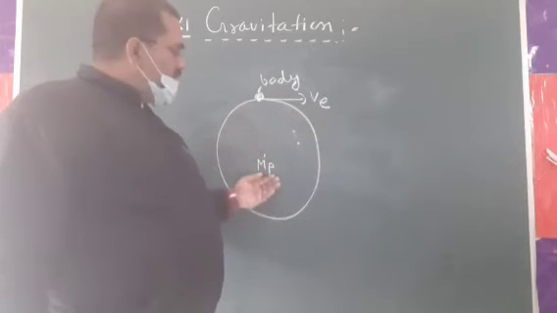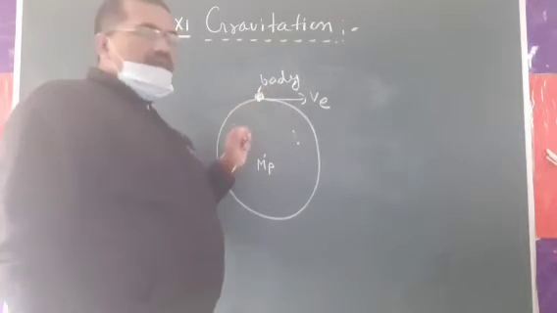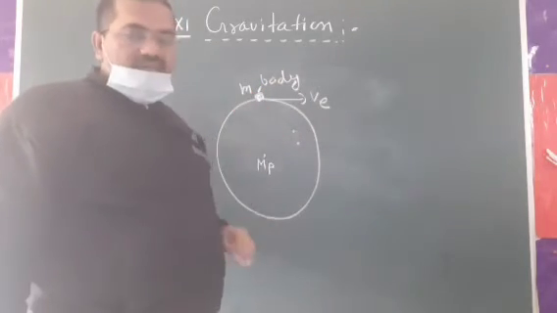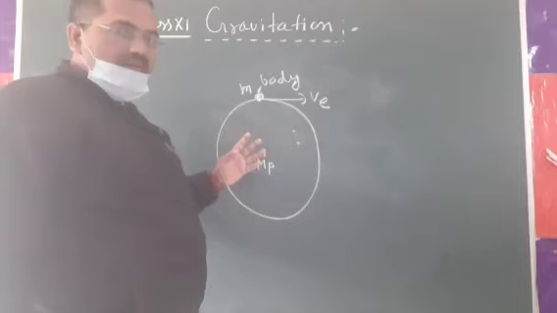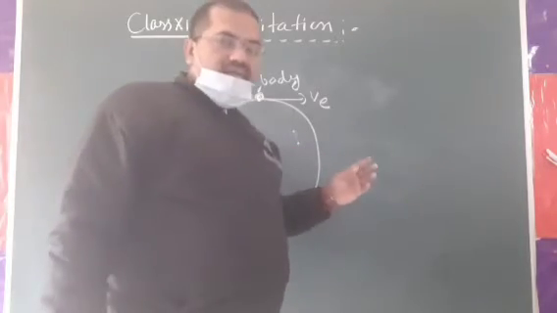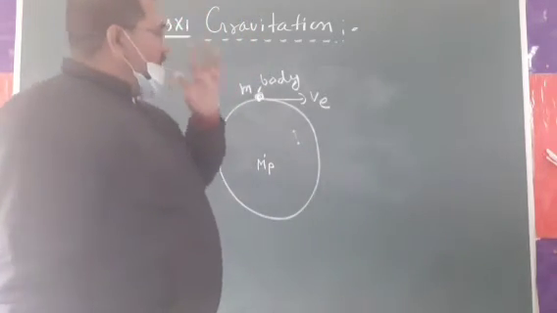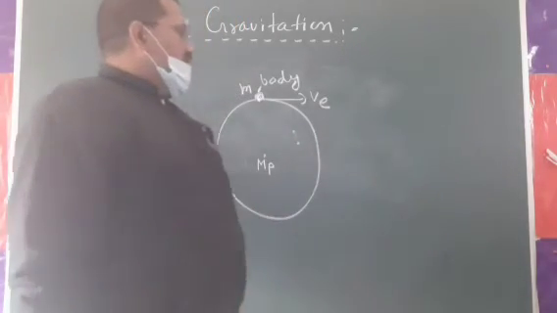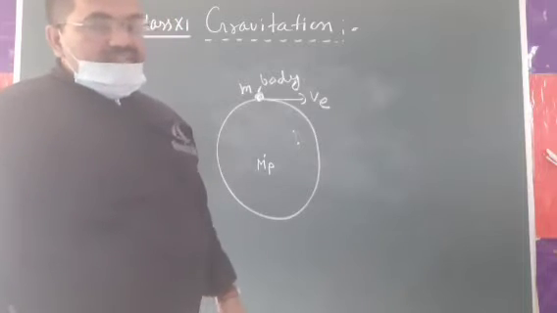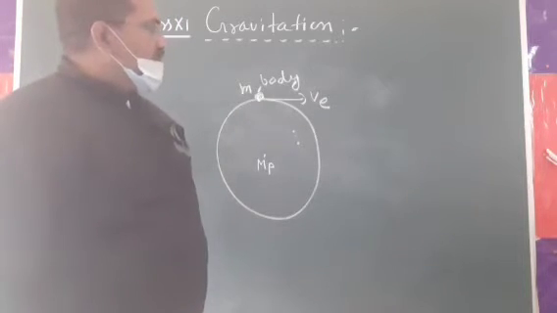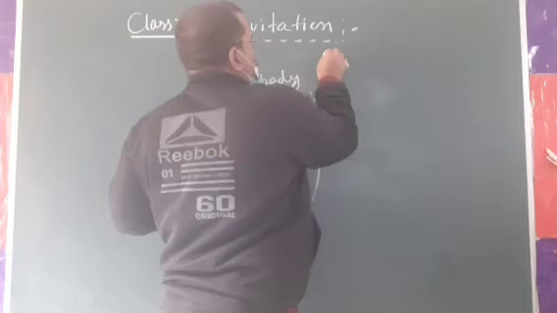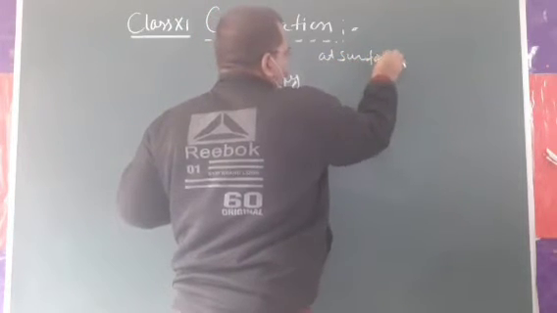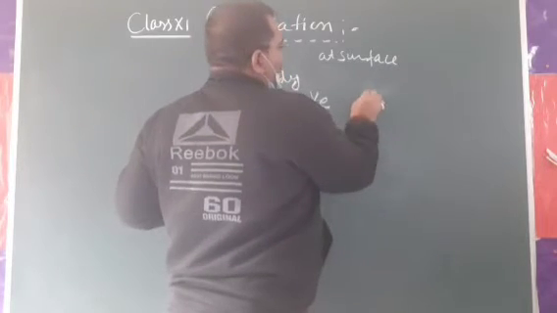This is the planet of mass MP and a body of mass m is thrown with speed v from the planet. According to escape energy, it will go to infinity. So apply energy conservation at the surface and at infinity.